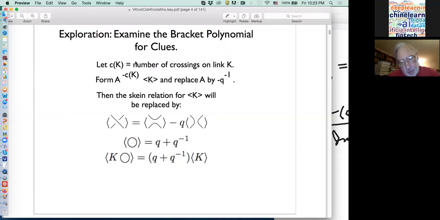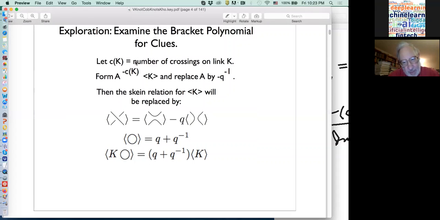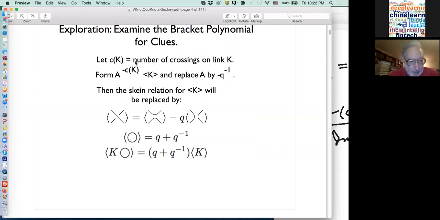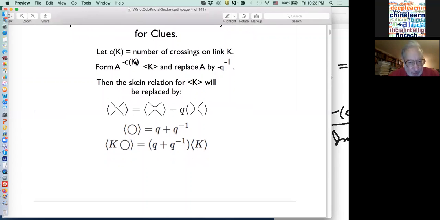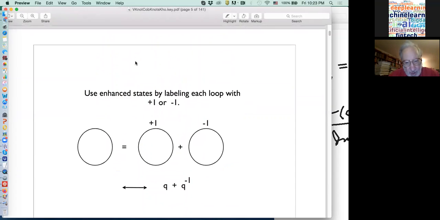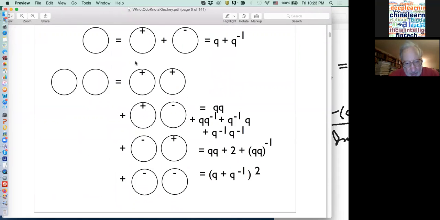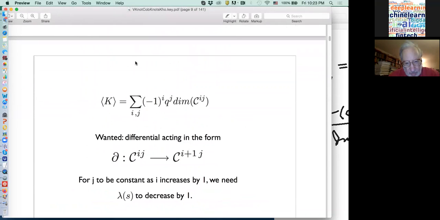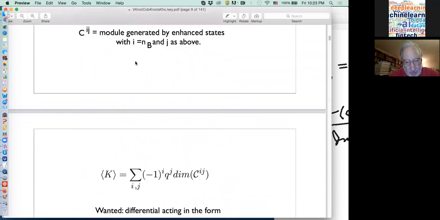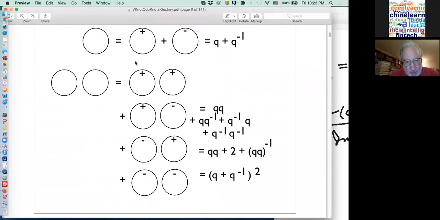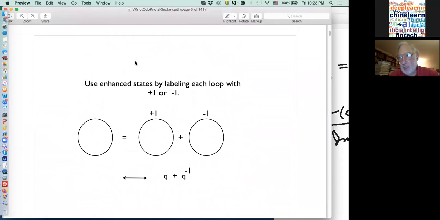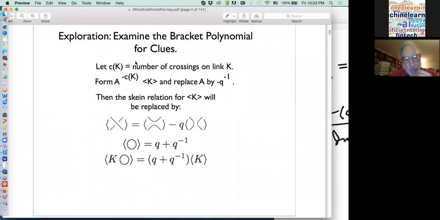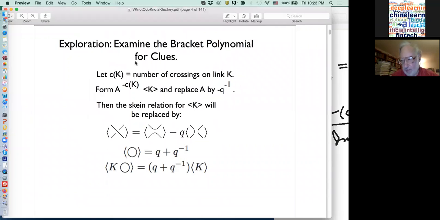Now you may want to see how this is related to getting an invariant polynomial since we changed these variables. This is actually a good place to do a little exercise, and then we'll probably stop. Let's figure out how this behaves under Reidemeister moves if you had written it this way.